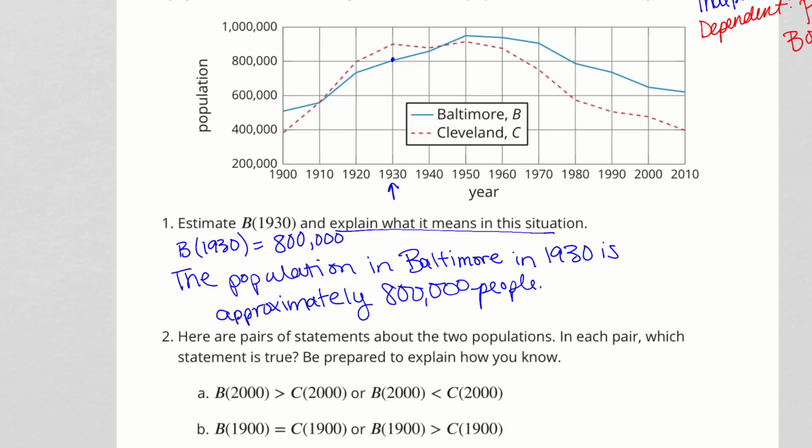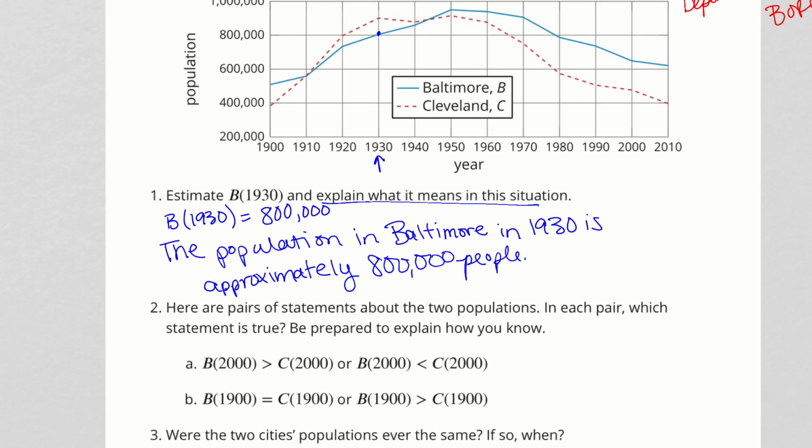All right. Here are pairs of statements about the two populations. In each pair, which statement is true? Be prepared to explain or show how you know. On A, we're looking at the population of Baltimore and Cleveland in 2000. Baltimore is right here, Cleveland is right here.